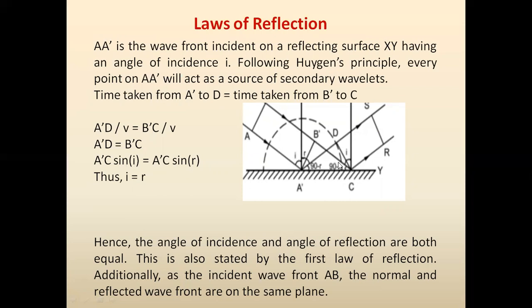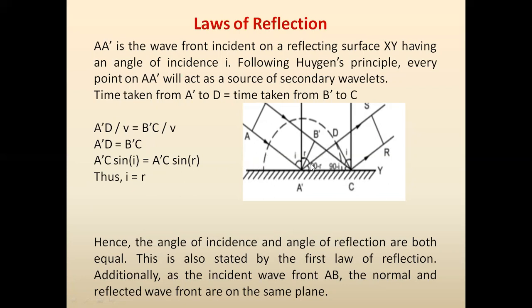So, using the formula S is equal to Vt, we write A'D by V is equal to B'C by V. V is the speed of the light, so A'D is equal to B'C.